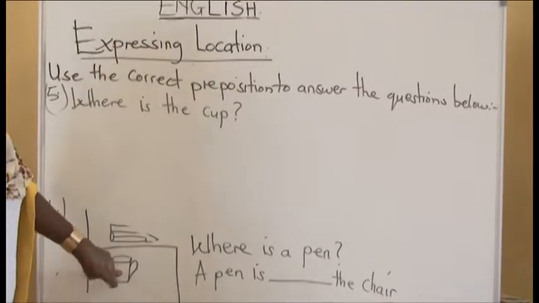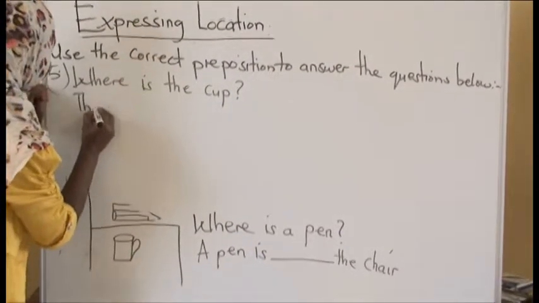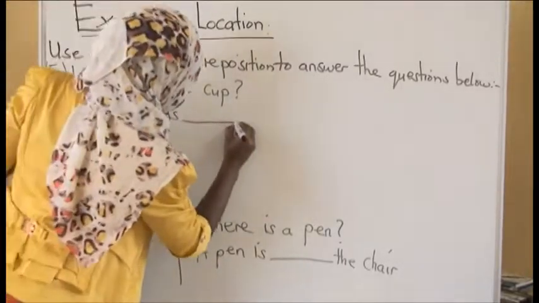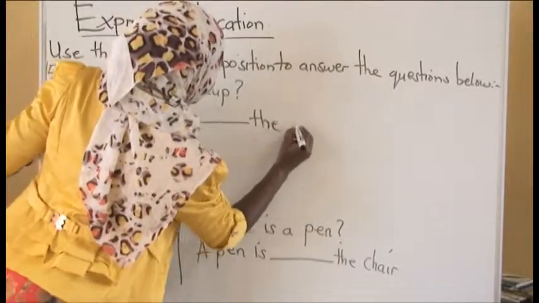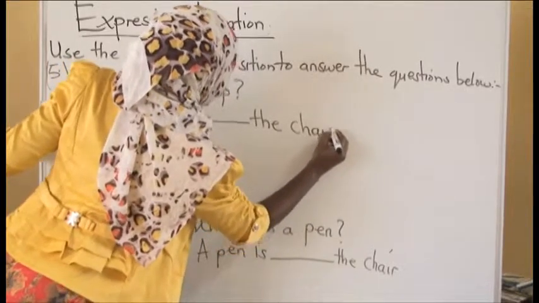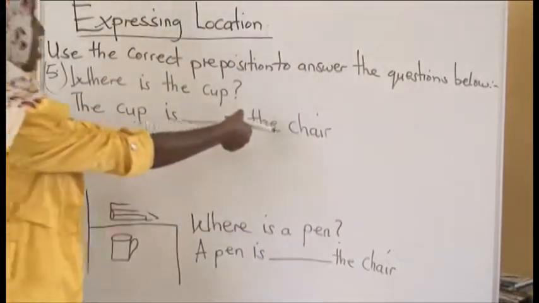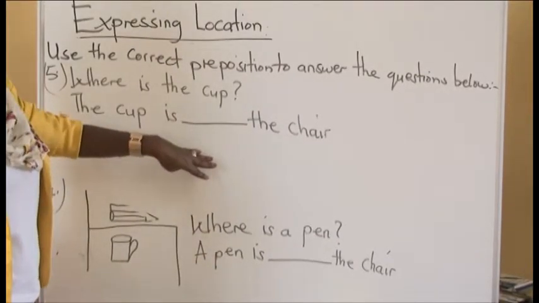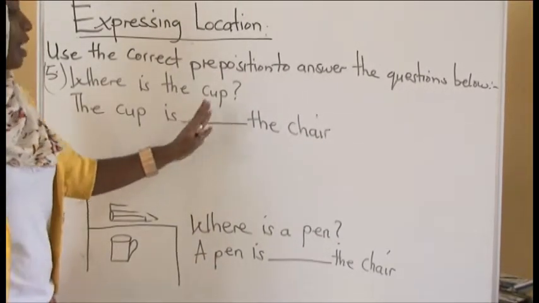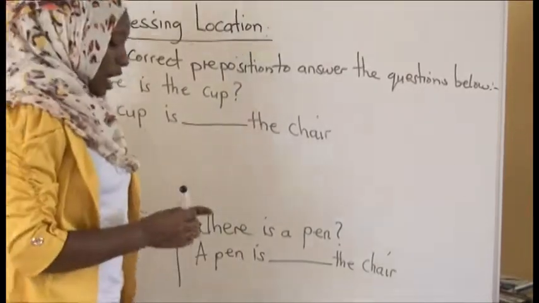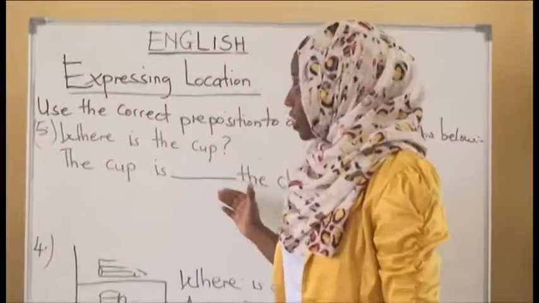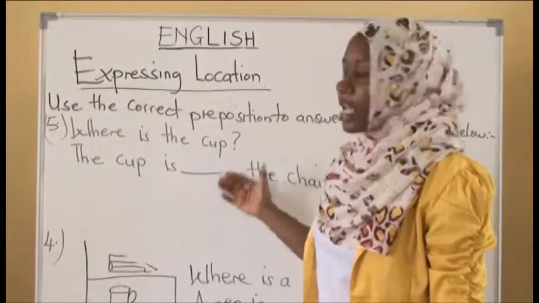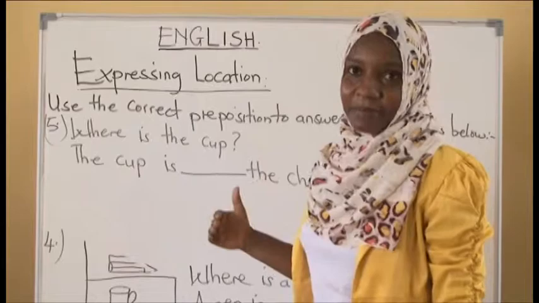So you will start answering by saying, the cup is dash dash the chair. The cup is dash dash the chair. So choose the correct preposition among the ones that we discussed to fill in the gaps here. So after answering all these 5 questions, you'll be able to use these 5 prepositions properly in expressing location.